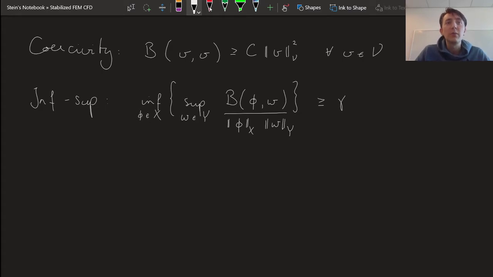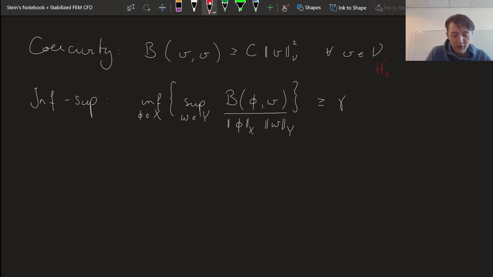And specifically, I would like to make the distinction between Inf-sup and coercivity here. So the coercivity requirement was that this inequality is true for all functions v in our function space capital V, right? So in most of our problems, we're always talking about H1 or H10 for our function space.